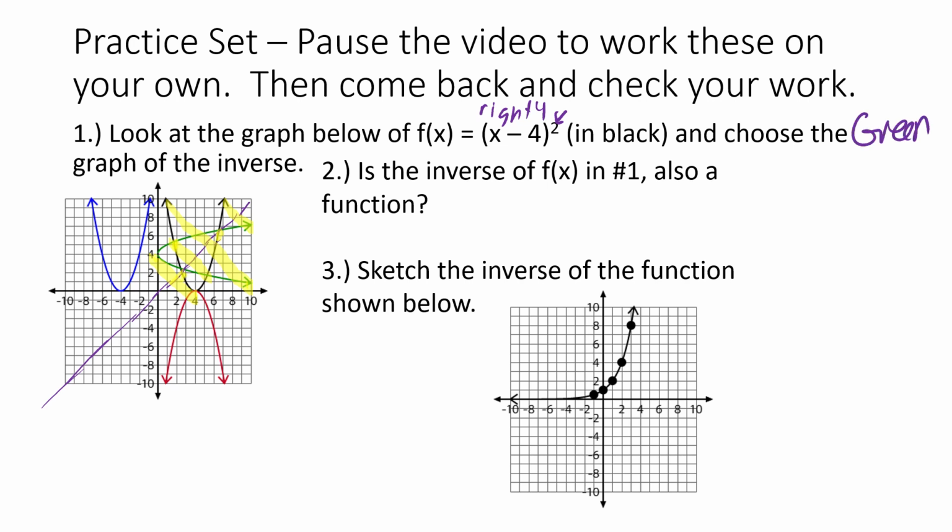Okay, question 2: is the inverse of f of x in number 1 also a function? This goes back to the definition of function, and for a function, each x can correspond to only one y value. So if we look at the green graph there, that is actually not a function.